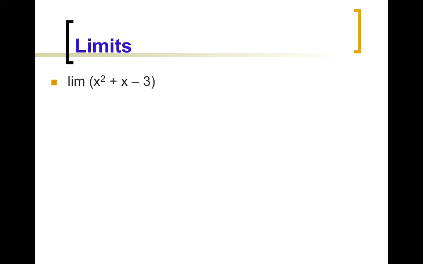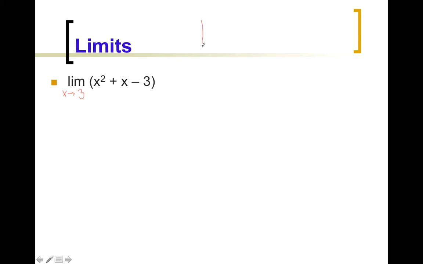In this particular question, I want to find the limit as x approaches 3 of this function, x squared plus x minus 3. And it's basically asking what is happening to this function as x gets closer and closer to 3.